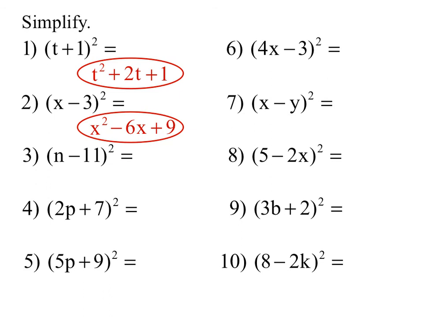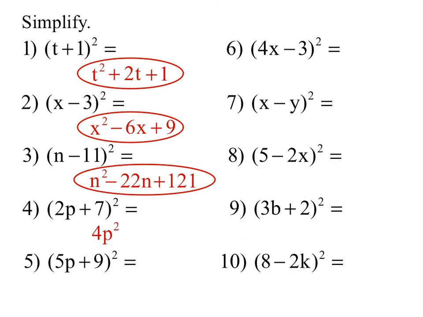Now check your work. Number 3 is n squared minus 22n plus 121. Number 4 is 4p squared. Now be careful. When I'm multiplying 2p times 7, that's 14p. Remember, I have to double that.